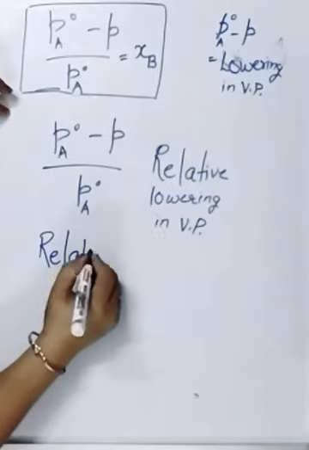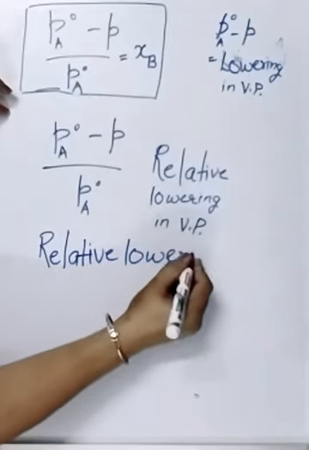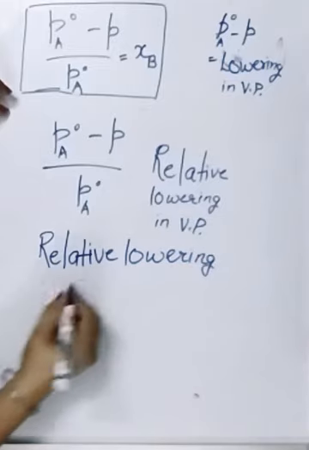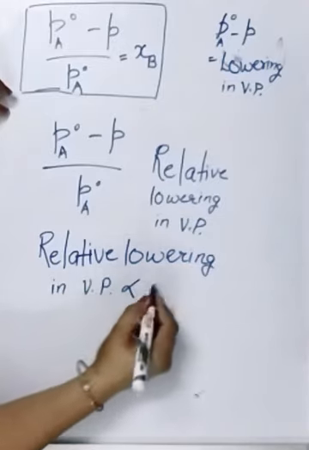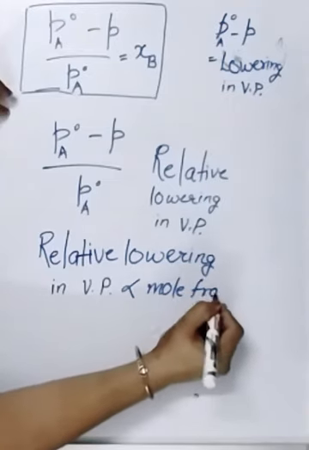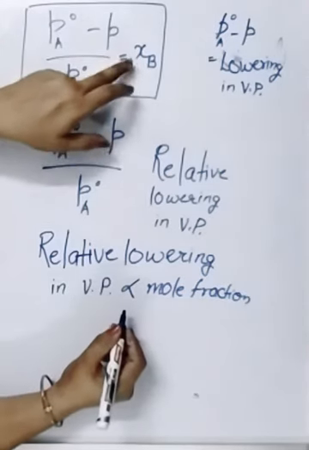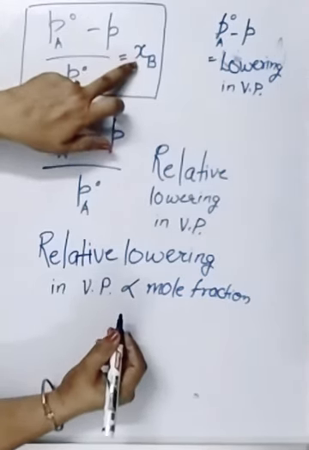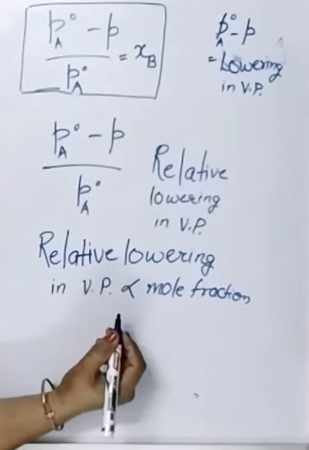So relative lowering in vapor pressure is directly proportional to the mole fraction of solute. That means the higher the mole fraction of solute, the lower will be the vapor pressure of the solution.